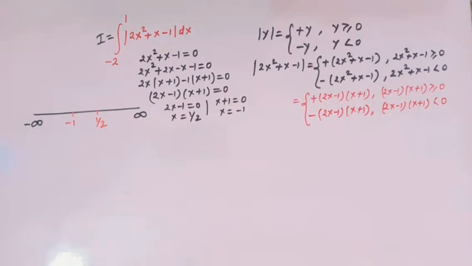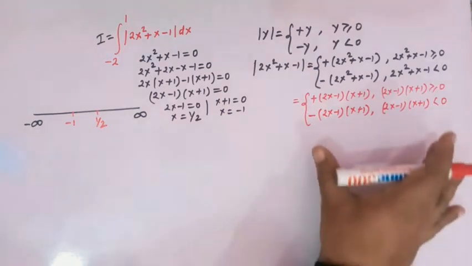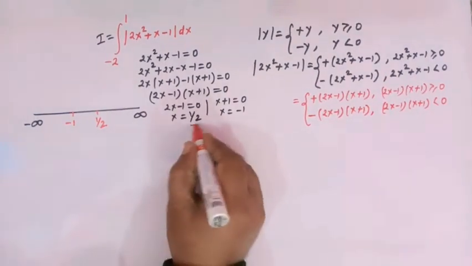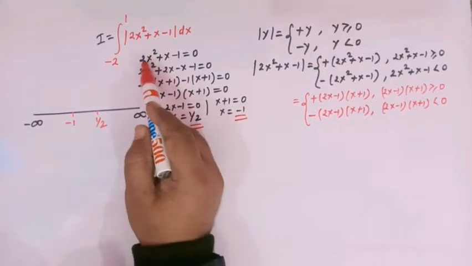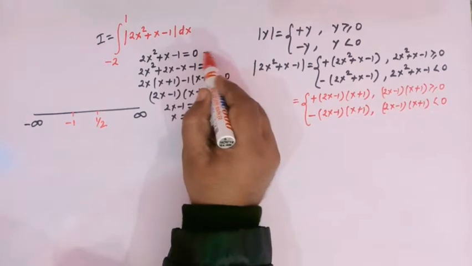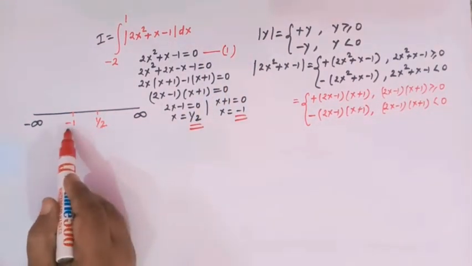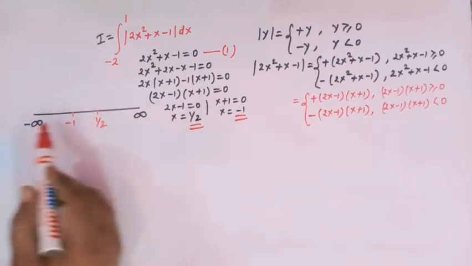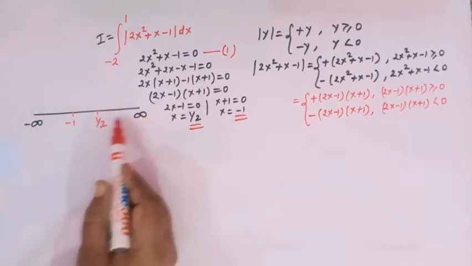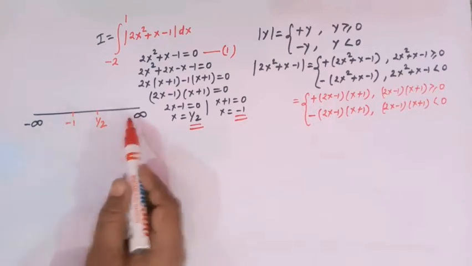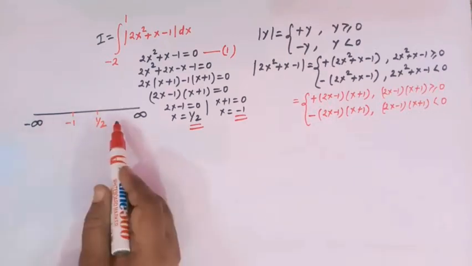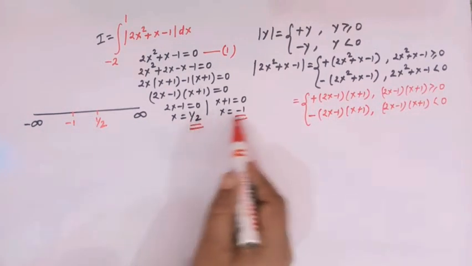Okay, so now see, by solving this equation we have these two points, 1/2 and −1. Now we see that the real number line is divided into three distinct intervals by these two points.